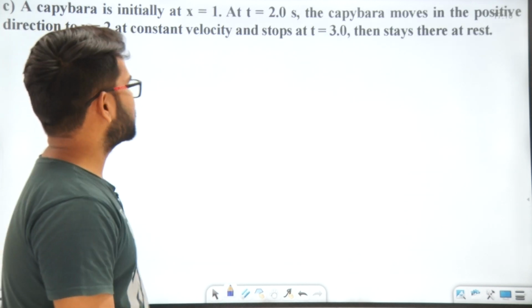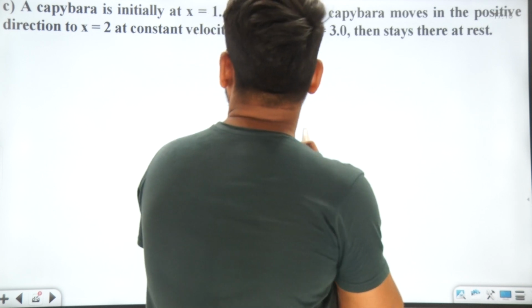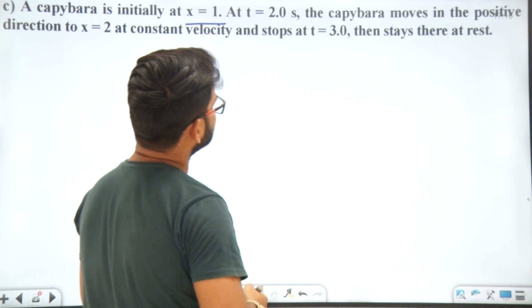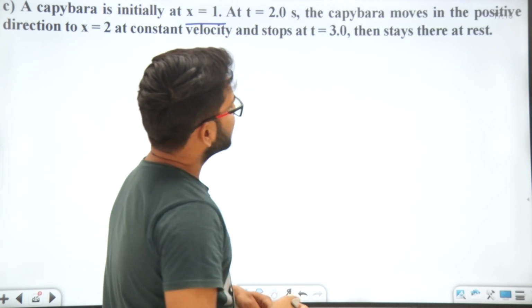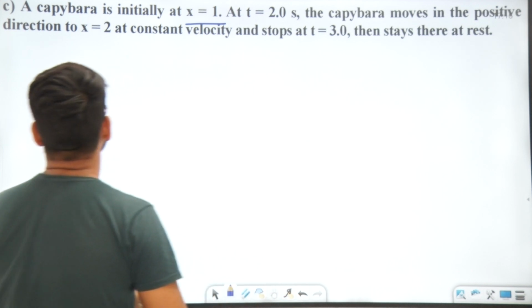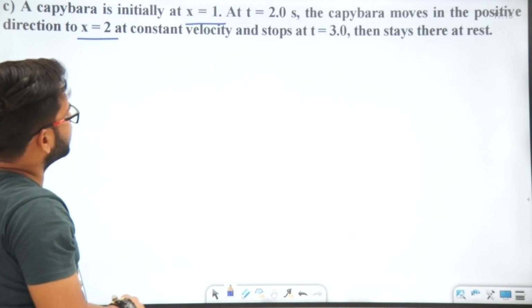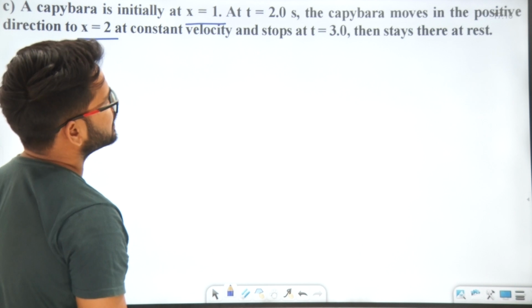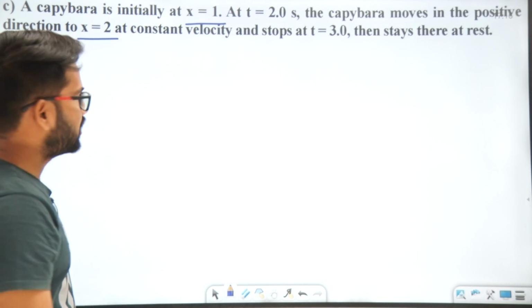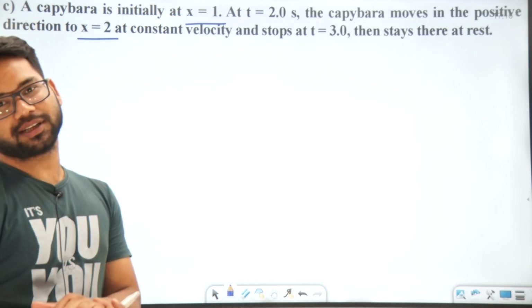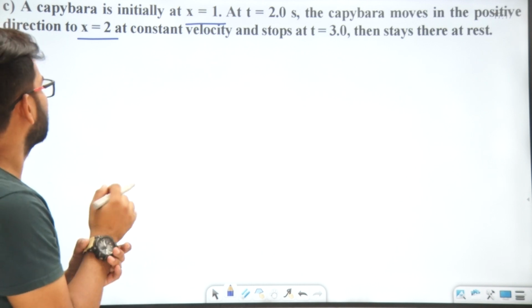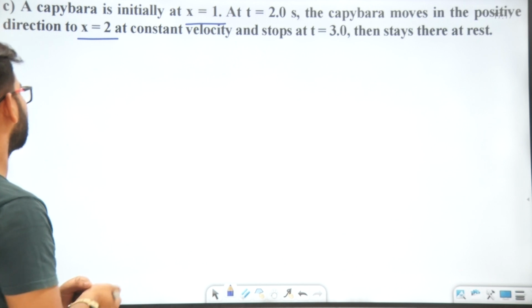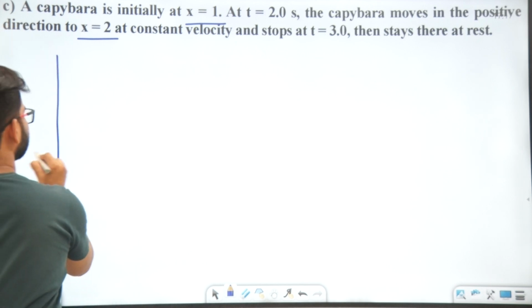Let's take another situation. Initially at x equals 1, at t equals 2 seconds, the capybara moves in the positive direction to x equals 2 at a constant velocity and stops at t equals 3 seconds. Then it stays there at rest. Let's draw the graph for this situation. The initial position is x equals 1. Let's draw the graph of variation of velocity with time.